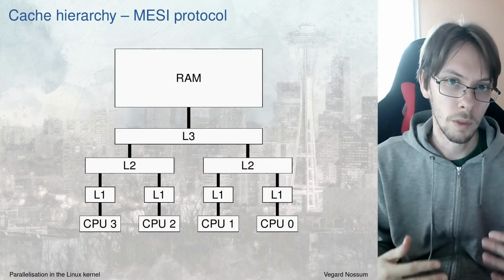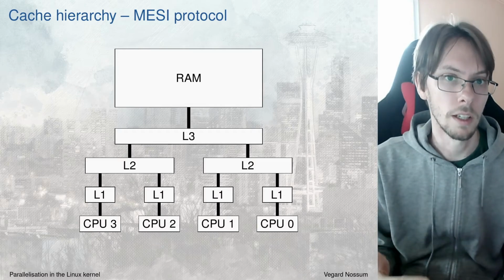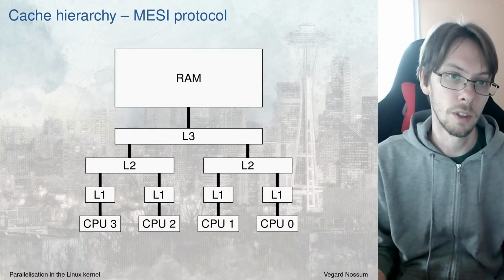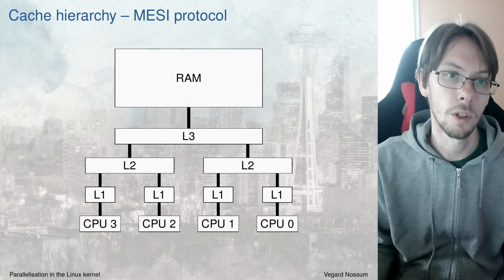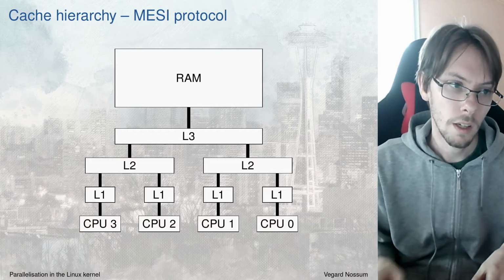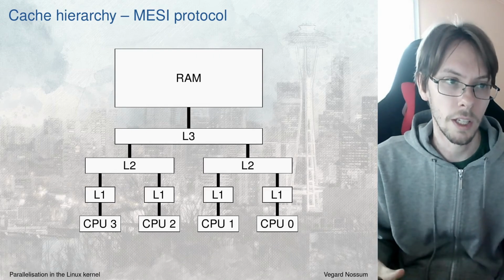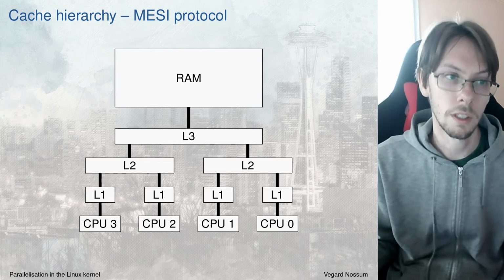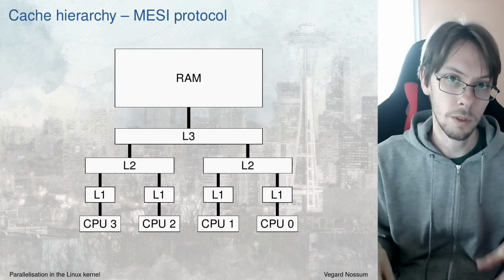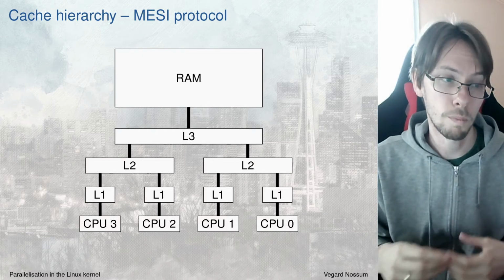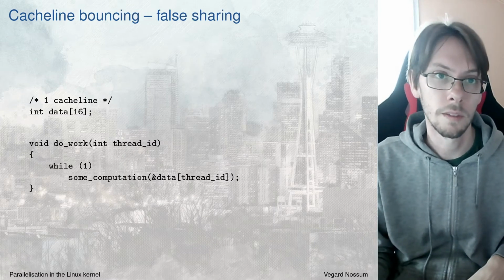As soon as you have multiple cores writing to the same cache line, you're adding a lot of bus traffic just moving the cache line from one core to another. When a cache line moves back and forth between different cores and never stays in one place, that's called cache line bouncing. In most cases, that's really expensive and probably completely unnecessary.